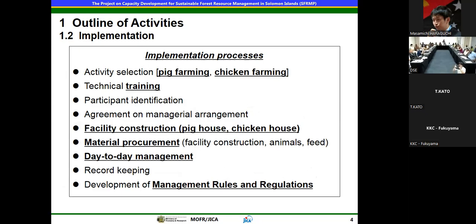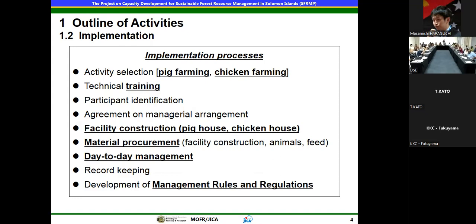In the implementation process, for the activity selection, both communities first selected pig farming. They were interested to first implement pig farming in both communities. Next, technical training was organized by the project with the Ministry of Agriculture and Livestock.